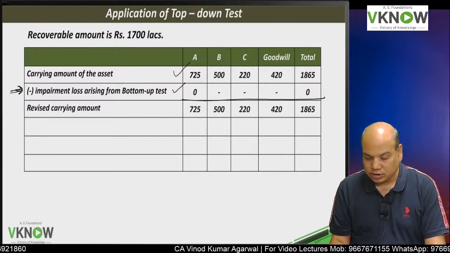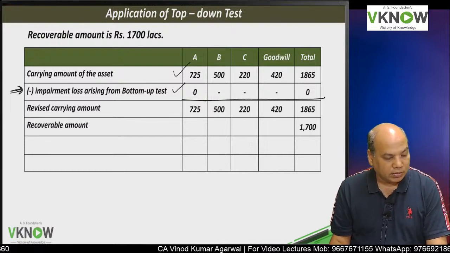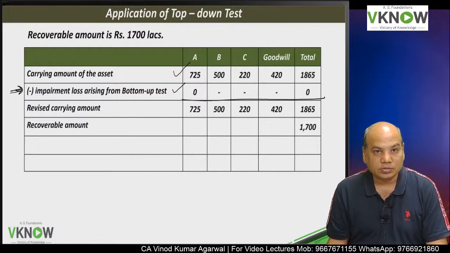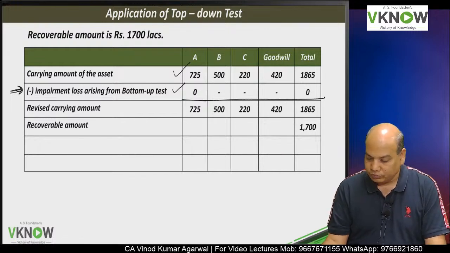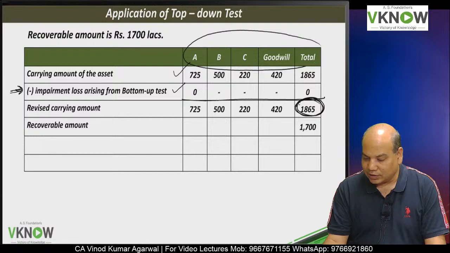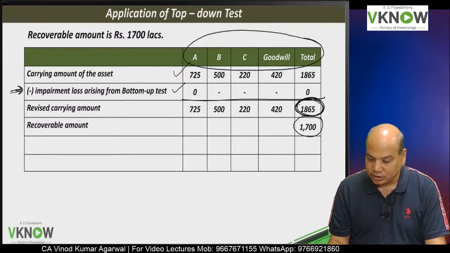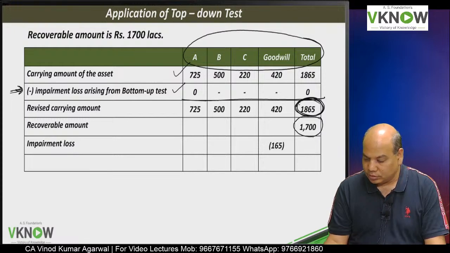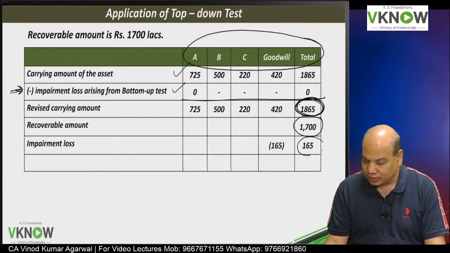So we'll get the same answer. Now the recoverable amount, last line of the question, 1700. 1865 is the total carrying amount of this larger CGU. Recoverable amount is 1700. So there is an impairment loss of 165.